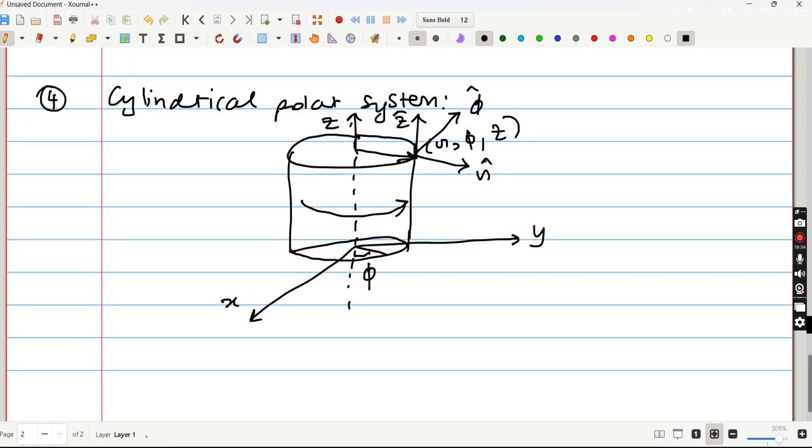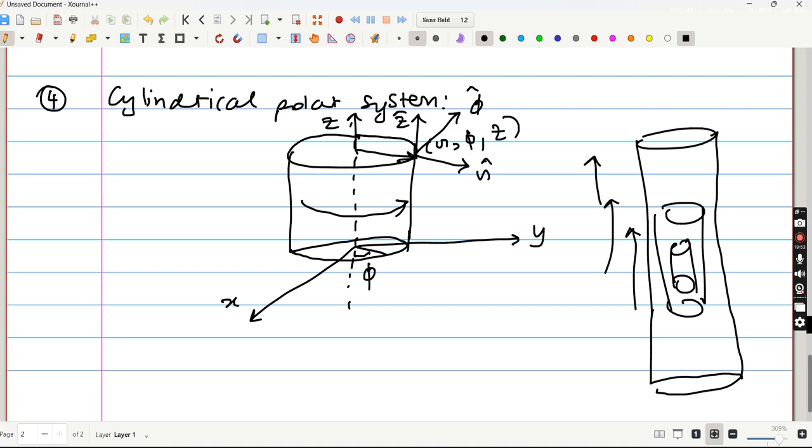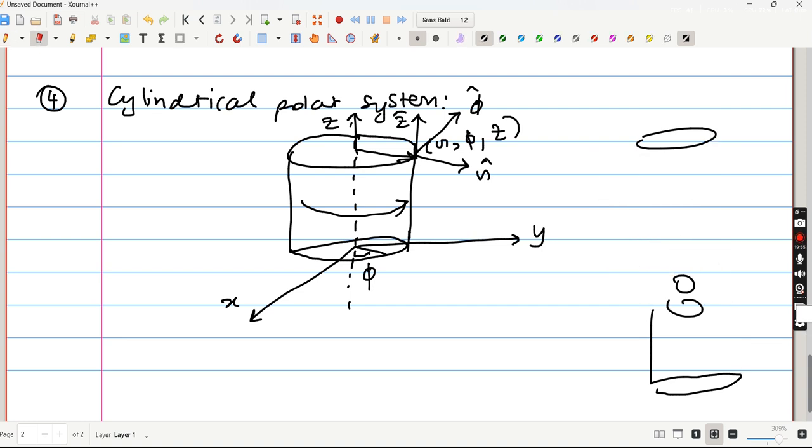And in cylindrical, you can move radially outward along the curved surface area and along the z-axis, because a cylinder can have different lengths along the z-axis. You can have this length, or this length. So similarly, you can also move along the z-axis. So one of your coordinates, as in your freedom to move, is along the z-axis.